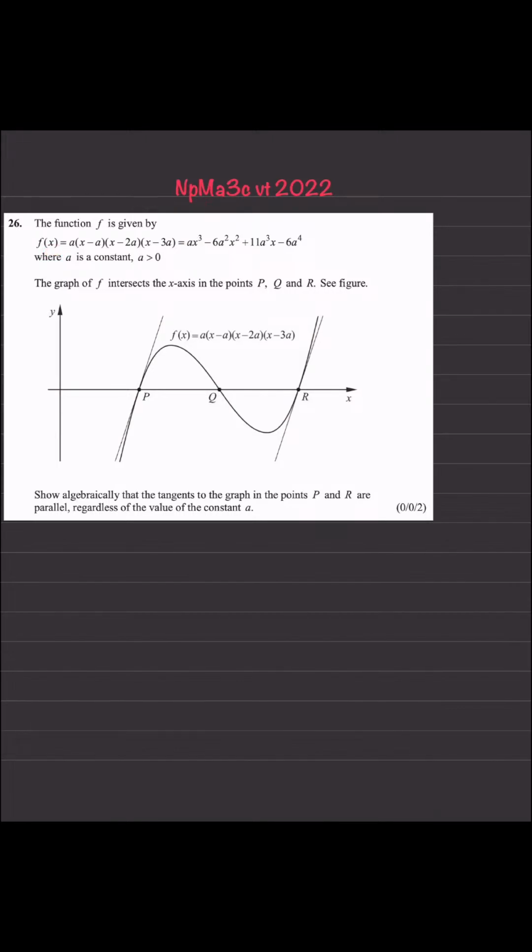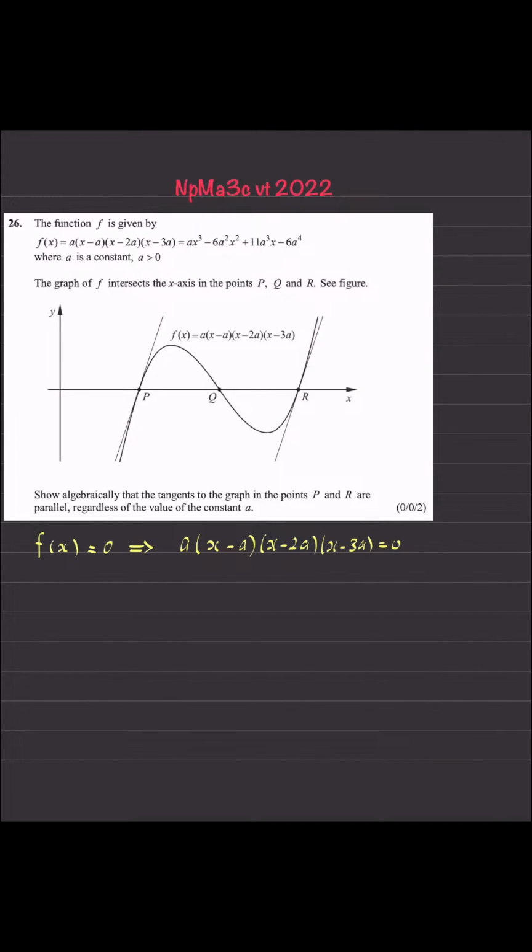But the roots of this polynomial function are very easy to find, because if I want to find the roots of a polynomial equation, I equate it to 0. Then I will solve the equation a times (x minus a), (x minus 2a), and (x minus 3a) equals 0, and then I see that the product of four numbers is equal to 0.